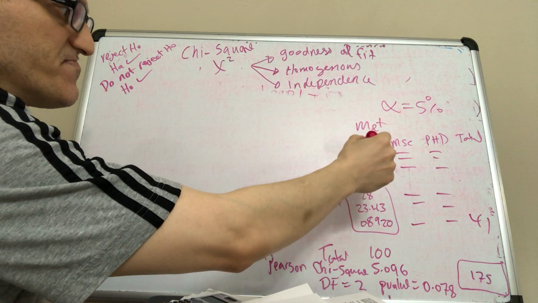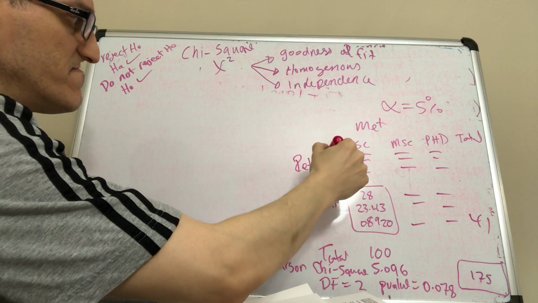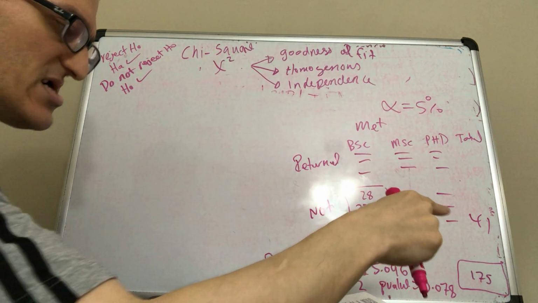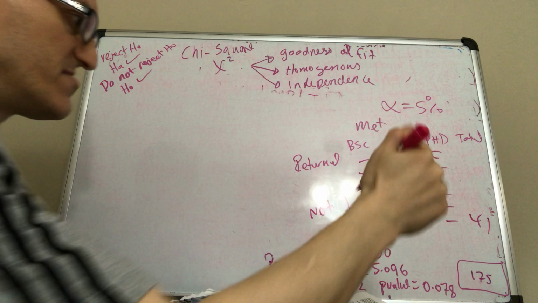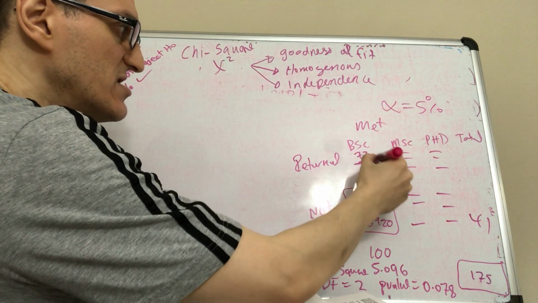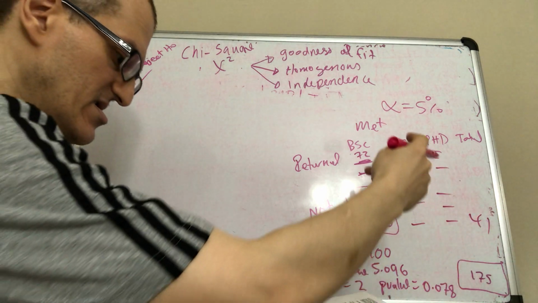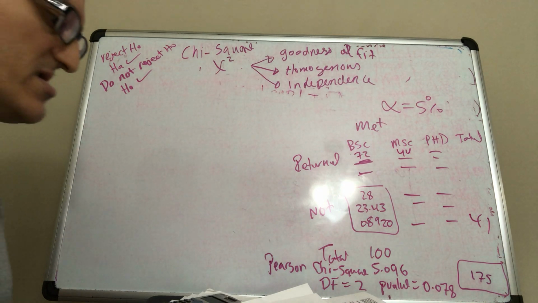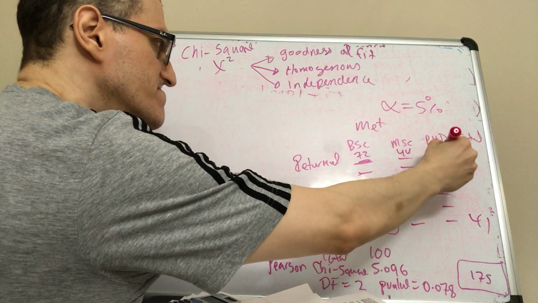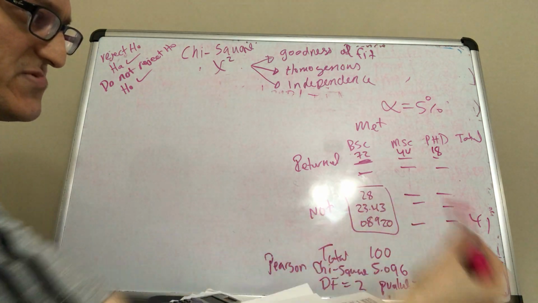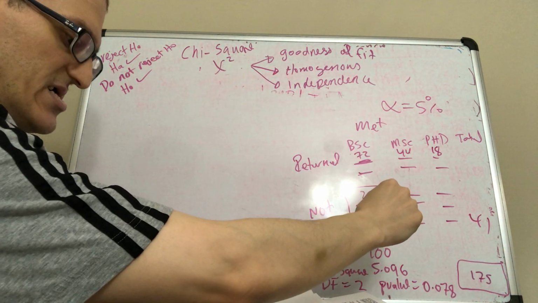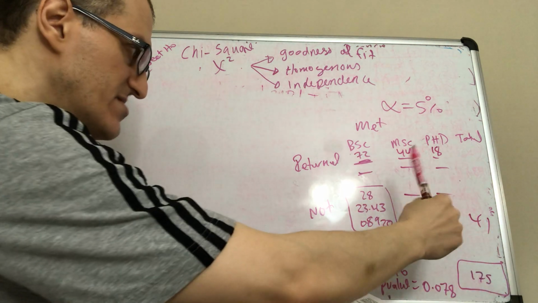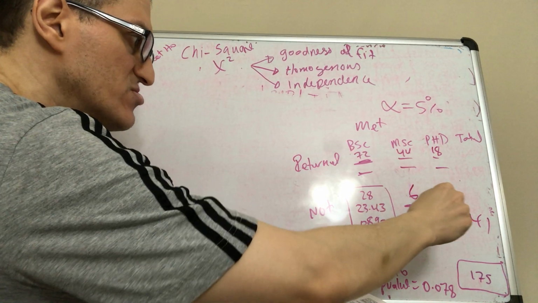In the Minitab, you have return, not returned. And you got, for example, here, 72 and two more numbers. Here you got 44 and two more numbers. Here you got 18 and two more numbers. In this section, I gave you all three numbers: 28 and 23.43 and 8.920. Here, this number would be 6 and two more numbers.